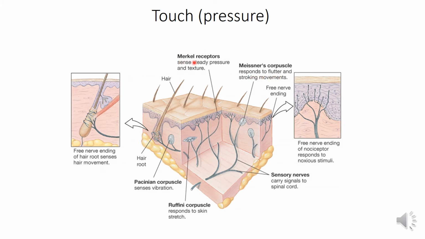We have Merkel's discs, or Merkel's receptors, that sense steady pressure and texture. They can identify the texture. Also, we have the Ruffini corpuscle that responds to skin stretch. Pacinian corpuscles respond to vibration. Free nerve endings at the root of hair respond to light touch that changes the hair orientation, that produces movement of the hair.